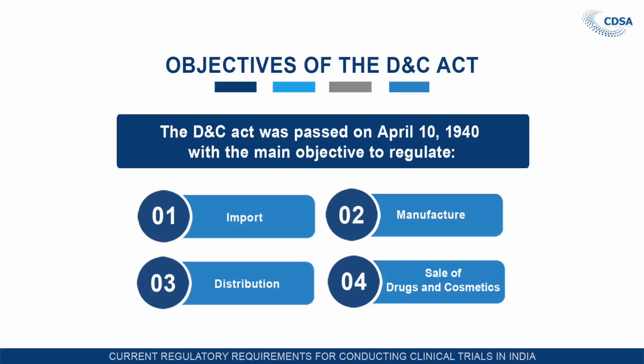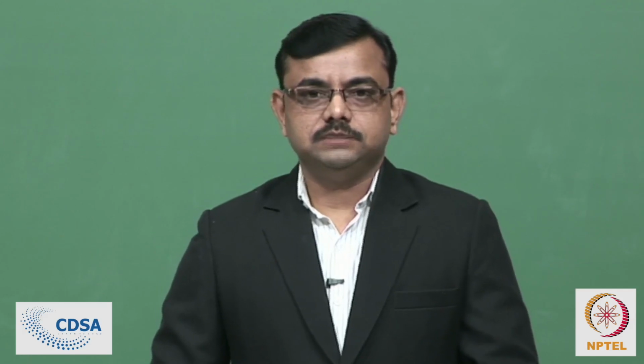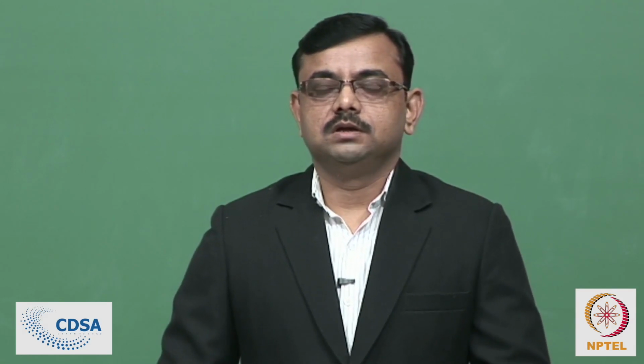The Drug and Cosmetic Act was passed on 10th April 1940 with the main object to regulate import, manufacture, sale and distribution of drugs and cosmetics. Cosmetics have been added later on. How does the act do it?